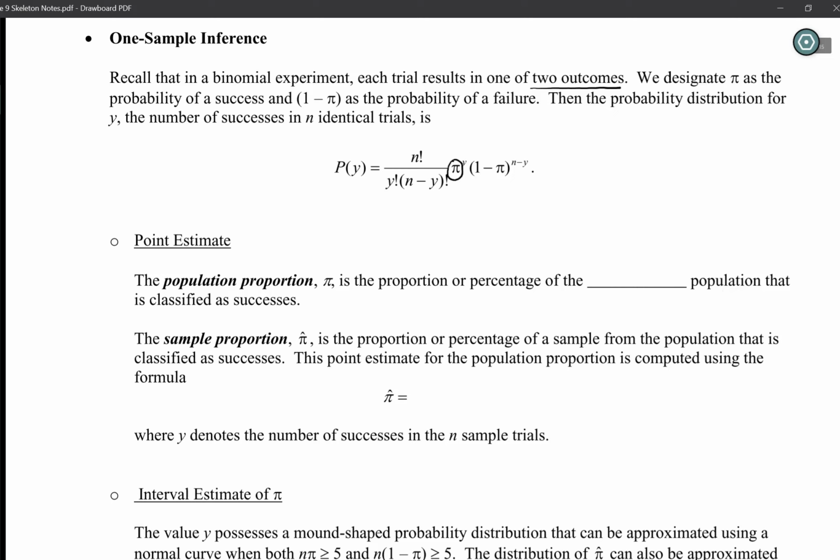Sometimes it's called the proportion of success or the percentage of success, but I want to tie back what we've done before to what we're doing now. Thinking about the population proportion, pi is the percentage of the entire population that is classified as a success.